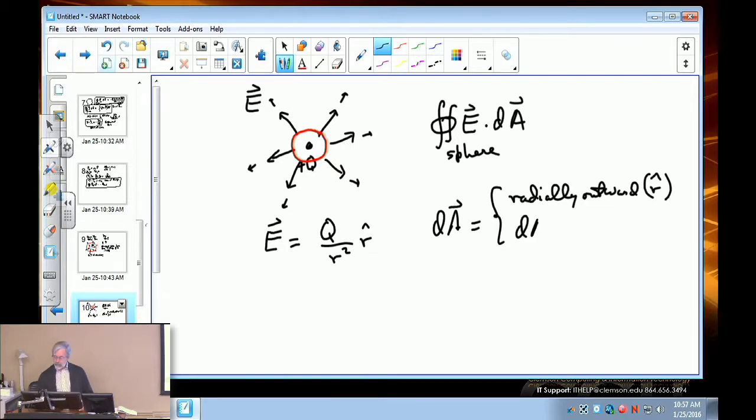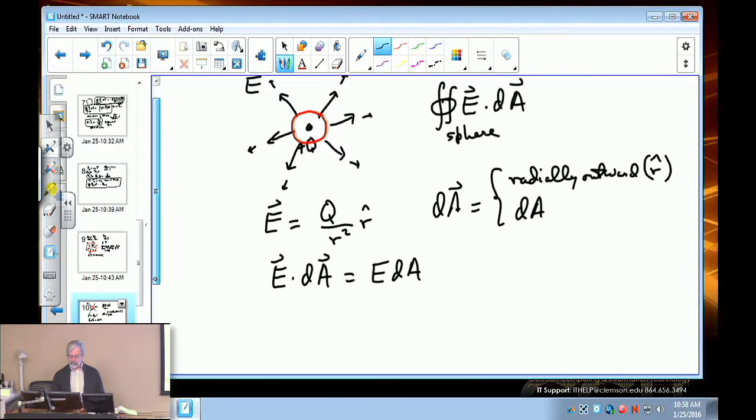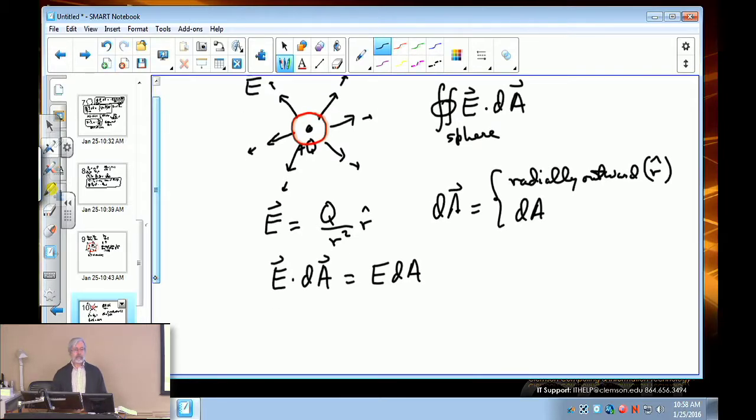And then the magnitude is just a piece of a surface of a sphere, a piece of a sphere. So how does the direction of E compare to the direction of dA? It's the same. So this is just the magnitude of E times the magnitude of A. Okay, now how about the magnitude of E? How does that change over the sphere?